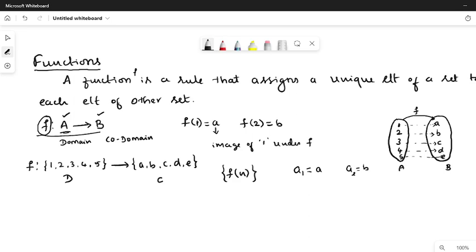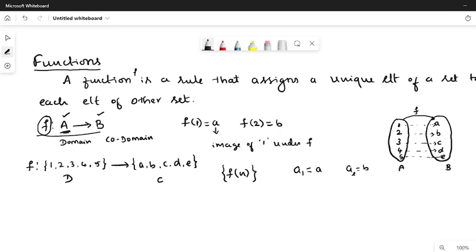So this A, from which the function is picking the elements or members, is called the domain. This set B, to which the elements are mapped, is called the codomain. So function is a rule that carries all the elements of domain to unique elements of codomain.